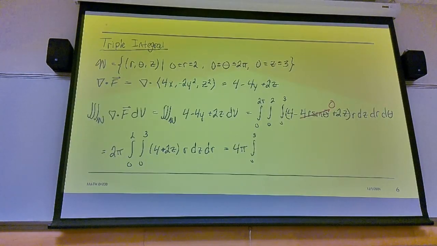Four from 0 to 3 is 12, right? Yeah. And it should be plus 9. Twelve plus 9 is 21, times 4 pi. 84 pi.